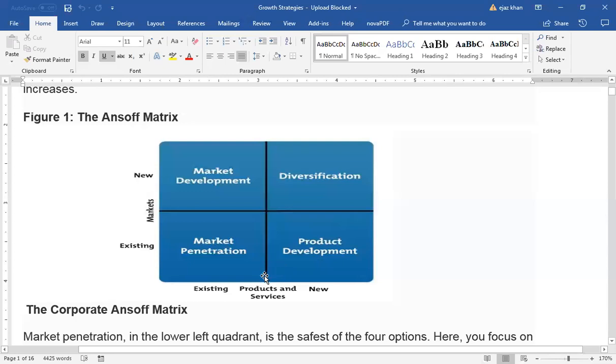The other way will be if the company wants to offer its existing product to new customers, that is, enter into new markets. That new market will be a geographical market, or it will be a new market from the gender's perspective.